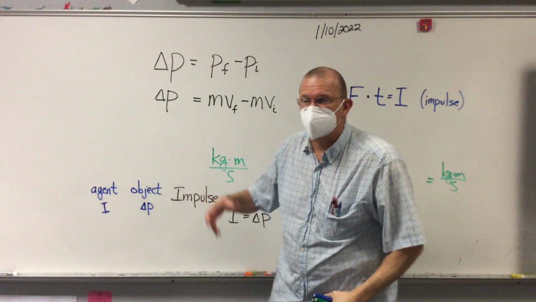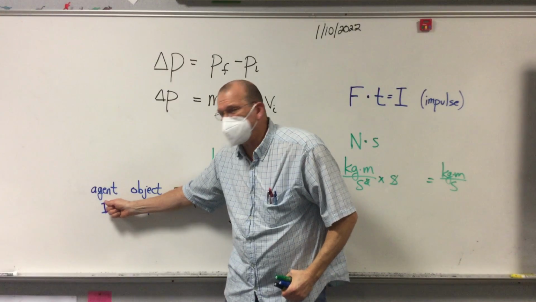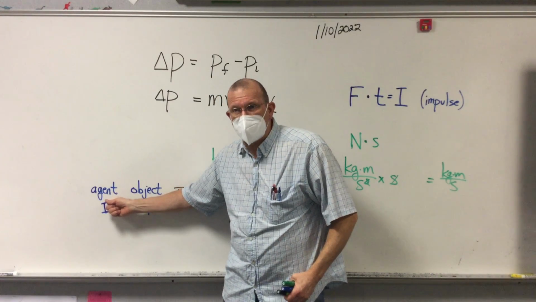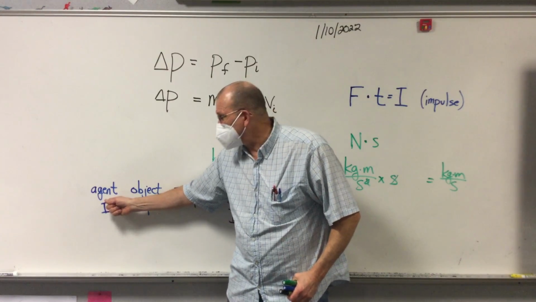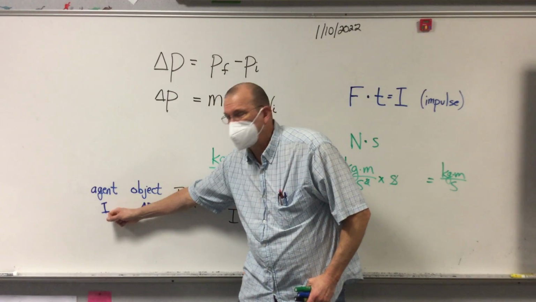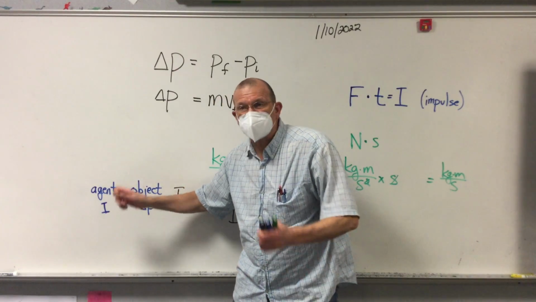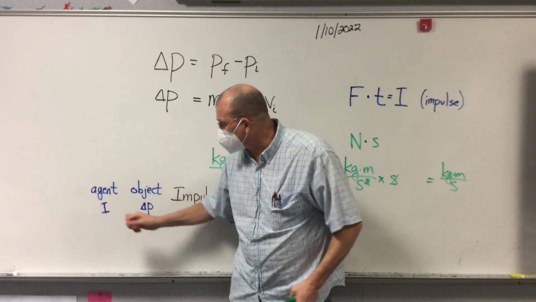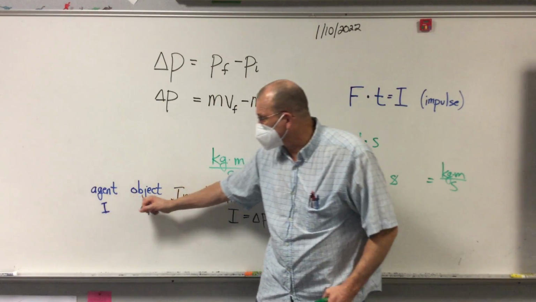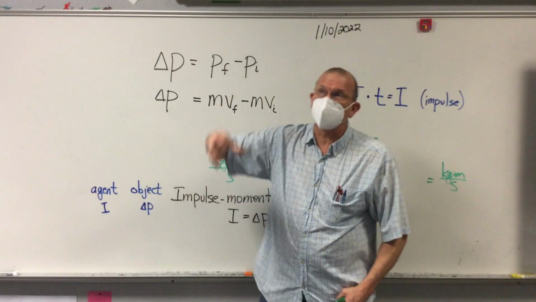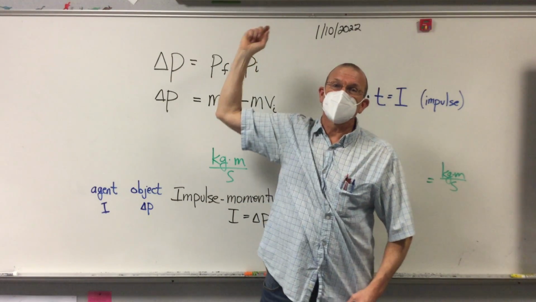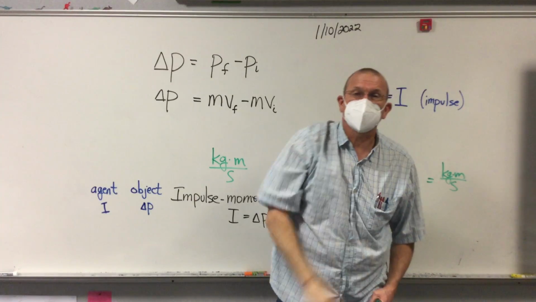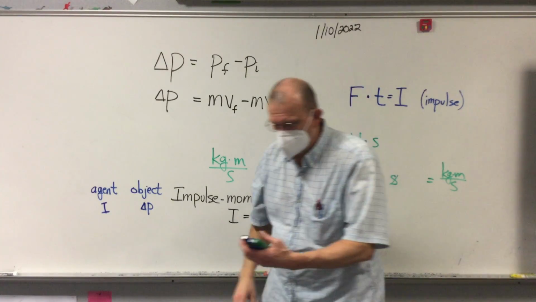So the idea is that the person is the agent, and through the use of the racket, they provide a force that acts for not a long time, but for a short period of time, and that acts on the ball, and that takes the ball from just kind of hanging up there to giving it whatever speed it has coming out of the serve. Okay?